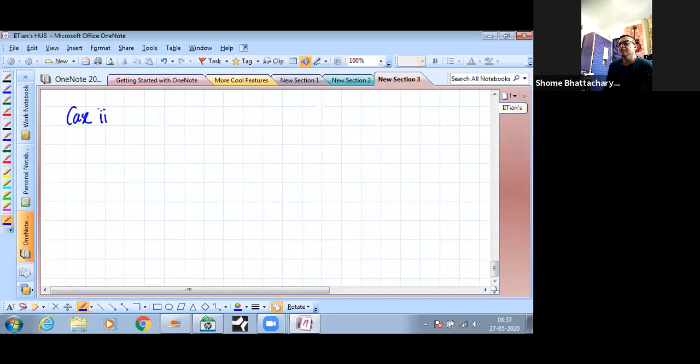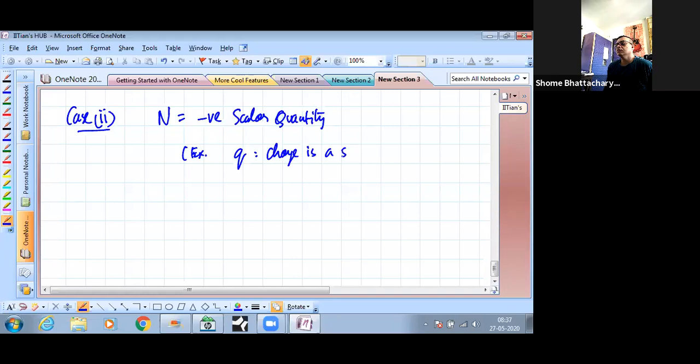So the second case, if n is equal to a negative scalar quantity. Okay. For example, charge in physics is a scalar and can be positive or negative.